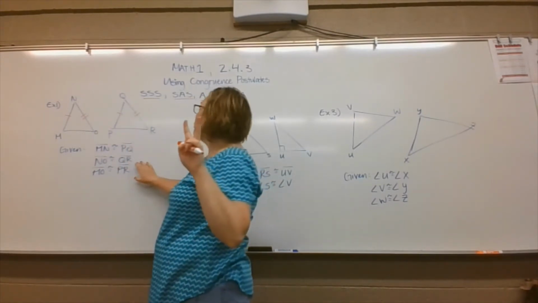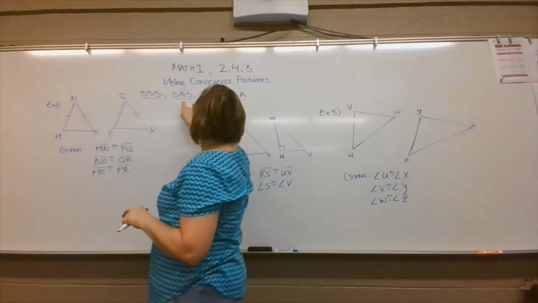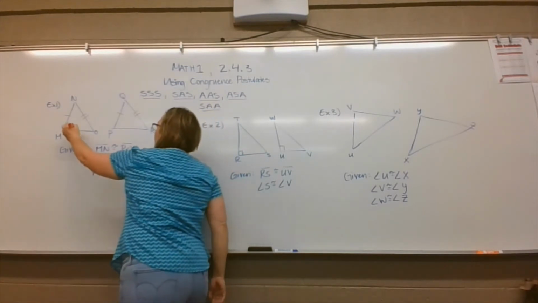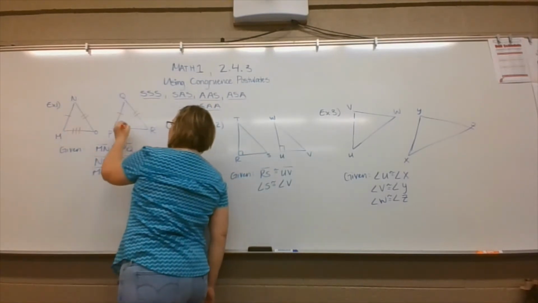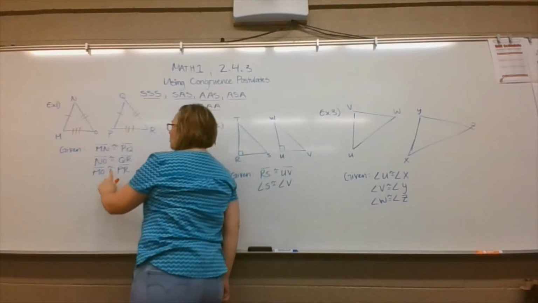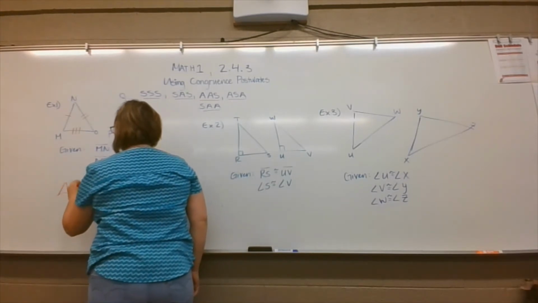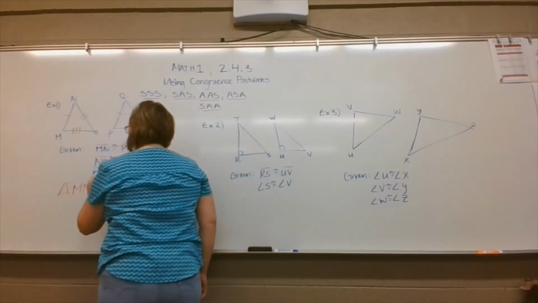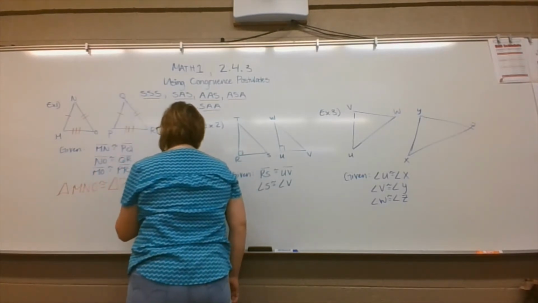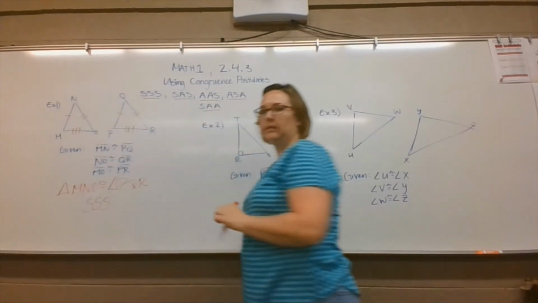So far we have two sides, so it could be SSS or SAS. And here we have our third statement. We are given MO is congruent to PR. So that gives us all three sides. So triangle MNO is congruent to triangle PQR by side, side, side.